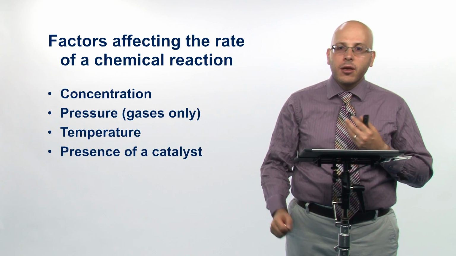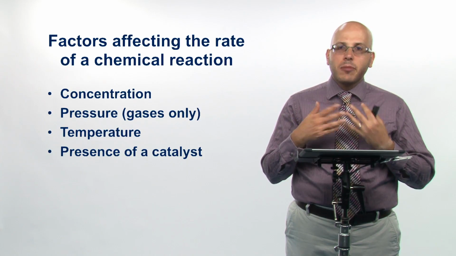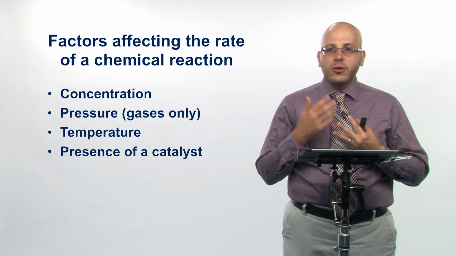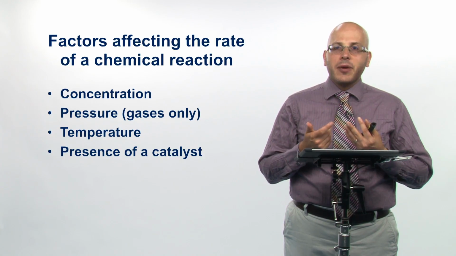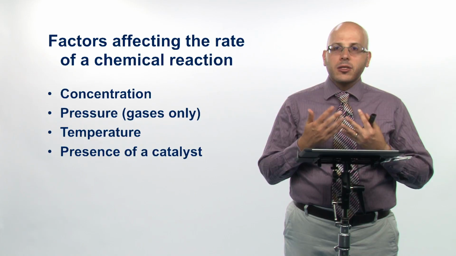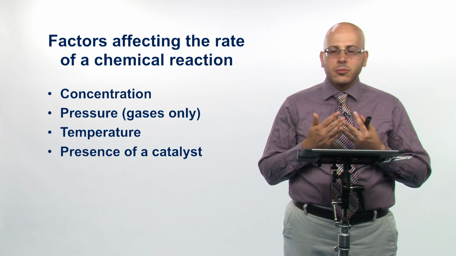Think of it as a shortcut for the reaction to take place. This is what's meant by the mechanism. They change the mechanism of the reaction. And so if we understand how a reaction depends on all these factors, we can optimize it to get as much product as possible in the shortest amount of time possible.